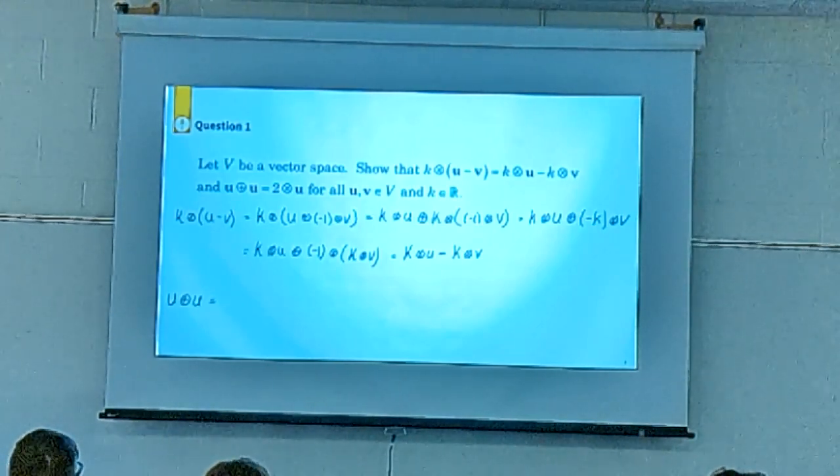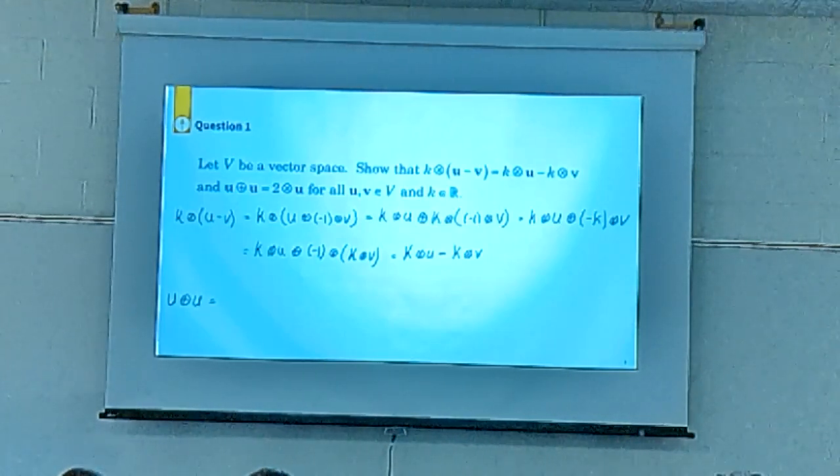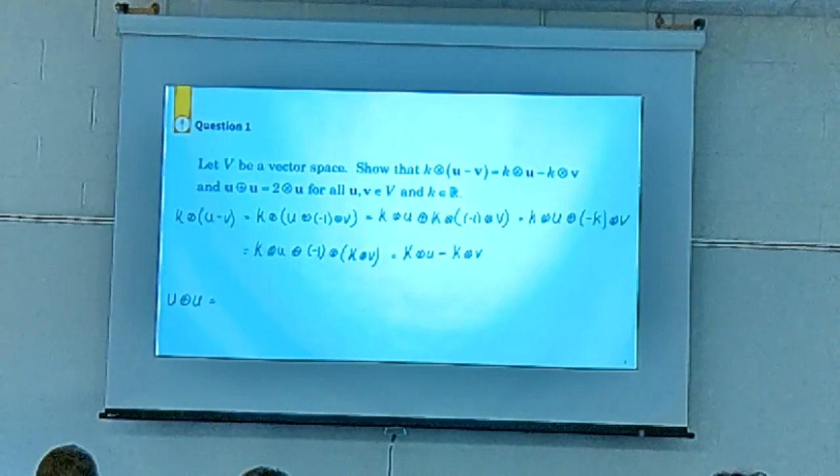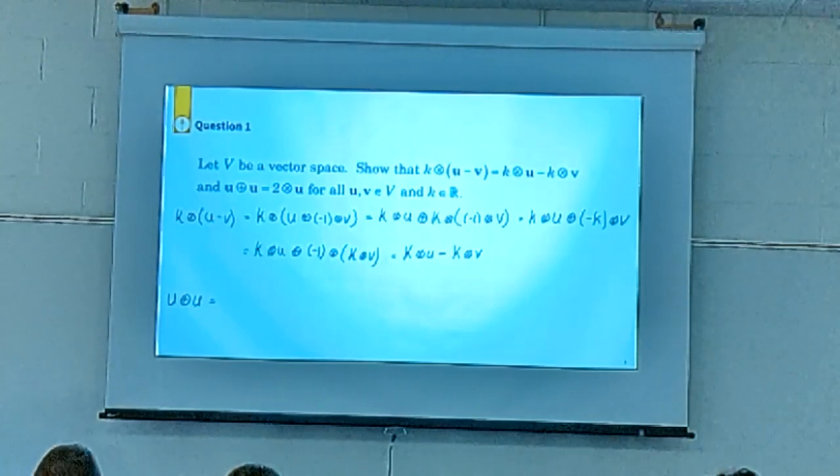Now for u plus u. Are there any weird properties that integers versus real numbers would have in terms of the 10 axioms? They all have to follow the same 10 axioms. Does the definition of addition change with those?